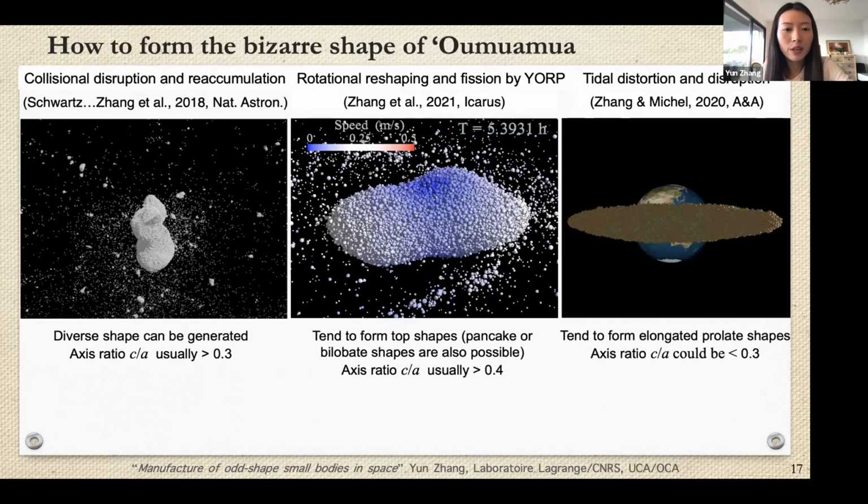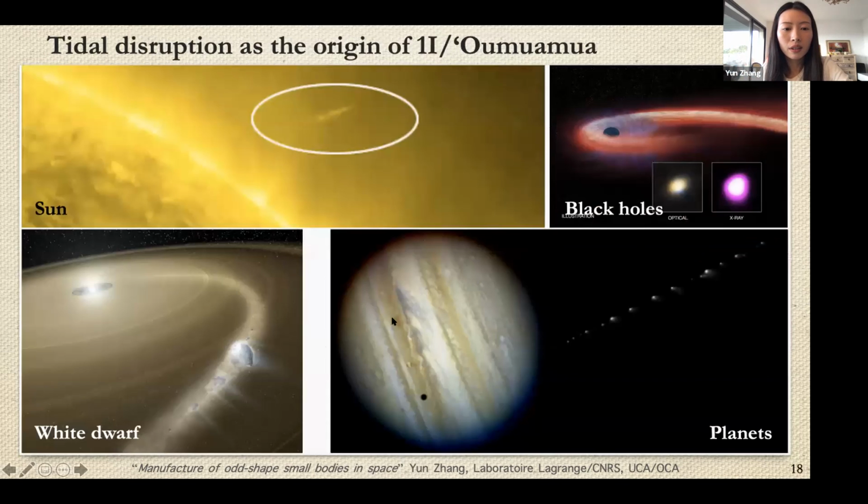And so as we recalled from the slide at the beginning of this talk, based on our past research experience on small body shape evolution, it seems more likely that an extremely elongated object could be generated by the tidal distortion and disruption process. So we would like to focus on this tidal disruption and formation scenario.